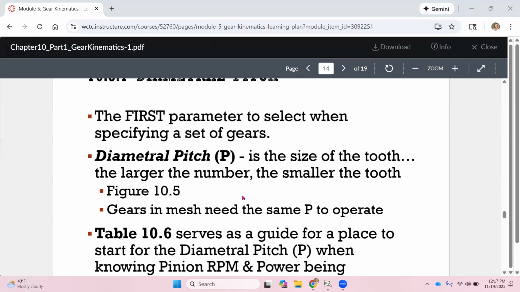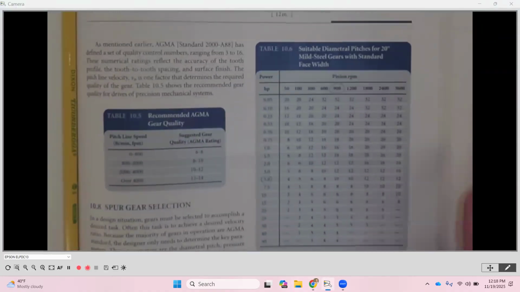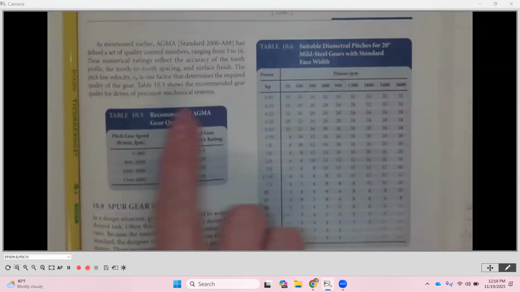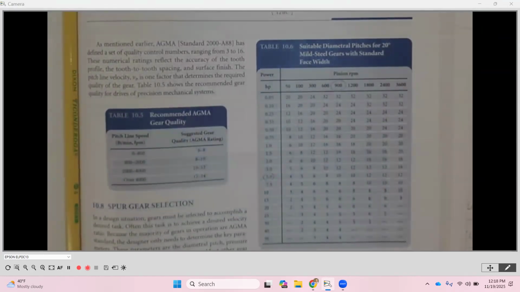So how do we do that? Well, we're going to use table 10.6 in our book to get us in the ballpark. Now, as we look here, on page 275, you're going to notice this table 10.6. And this is titled Suitable Diametral Pitches for 20 degree mild steel gears with a standard face width.